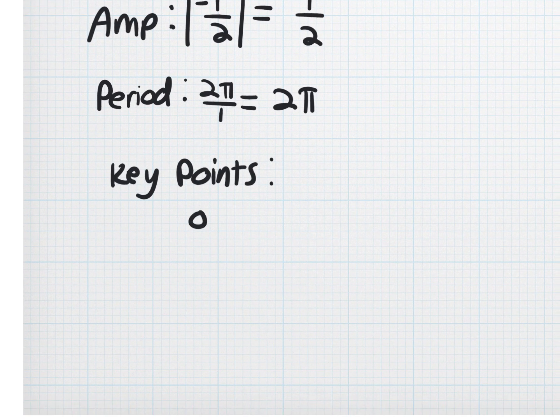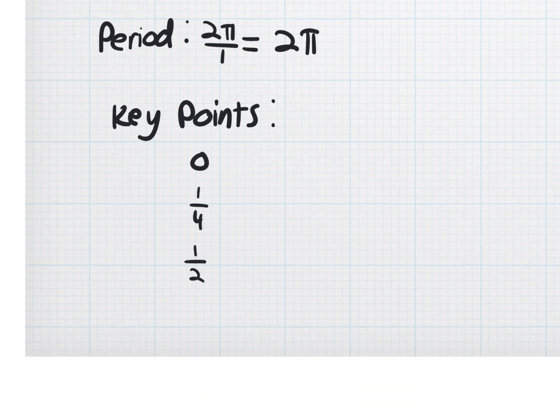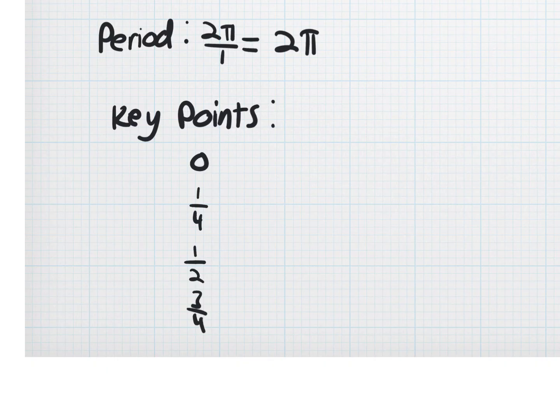Again, I'm always going to write from 0 to 1 in quarterly intervals. So 0, 1/4, 1/2, 3/4, and then 1. And then you're going to multiply the period by those numbers. So times 2 pi, times 2 pi, times 2 pi, times 2 pi, times 2 pi. 0 is just going to get you 0.